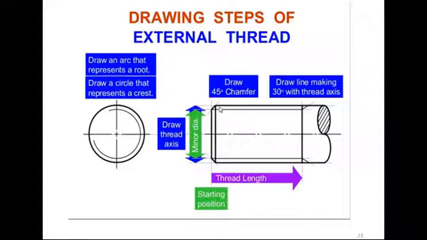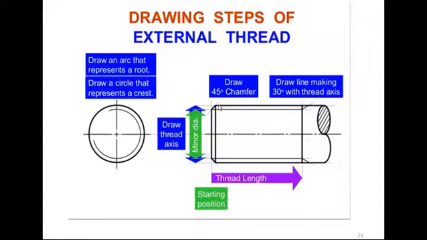We also need to draw a 45-degree chamfer here. Draw a line making 30 degrees with the thread axis, and this is the thread length. So this is the starting position. This is an external thread, and because of this we draw a circle that represents a crest.